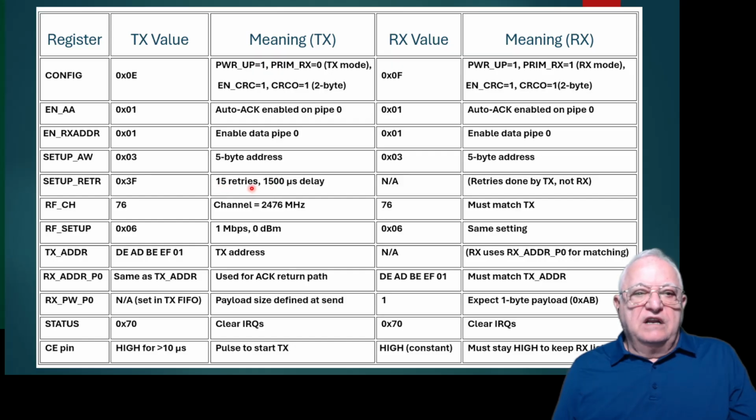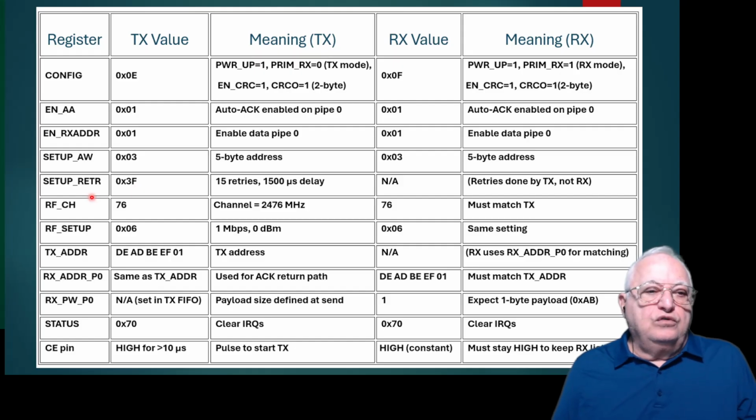If we don't get an acknowledgement, we'll continue trying 15 times with this delay, and after that we'll declare that the transmission was not successful. To do that, we have the setup retransmission value of 3F. Of course, in the receiving, we don't need that.